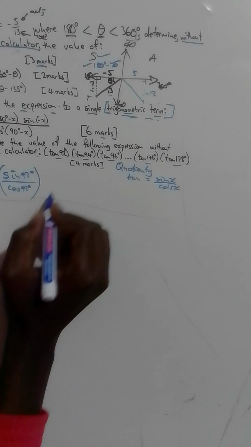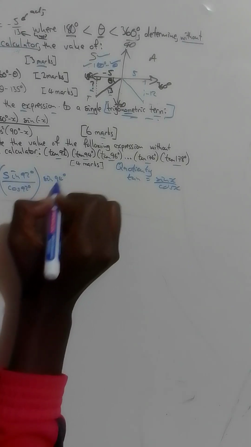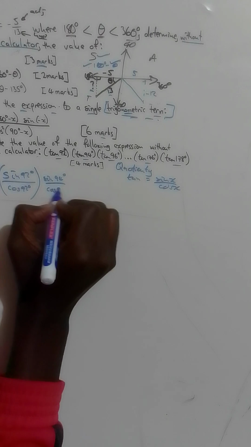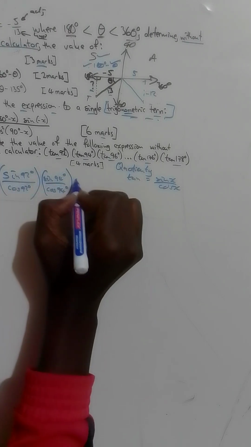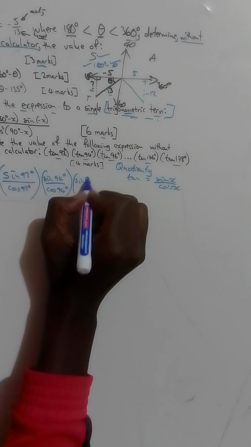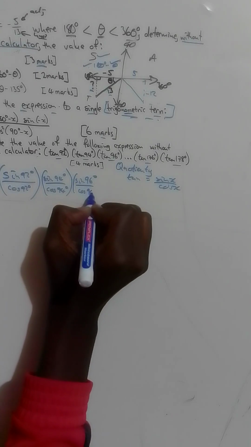They are multiplying, and then I've got sin 94 degrees all over cos 94 degrees. They are multiplying. Then here I've got sin 96 all over cos 96.